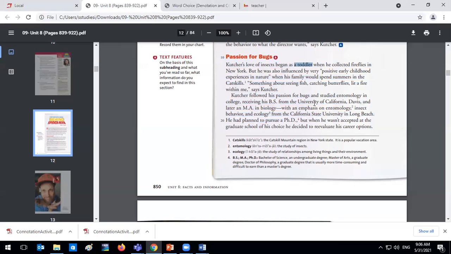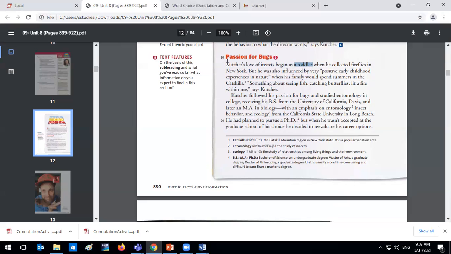Since he was a child, he very much loved nature, and he had a very special feeling when dealing with insects specifically. So his love for insects started very young.